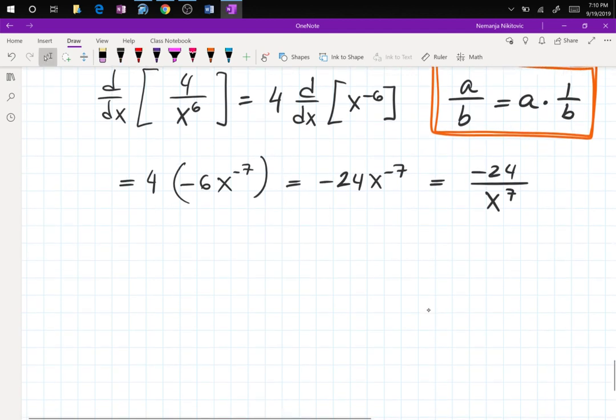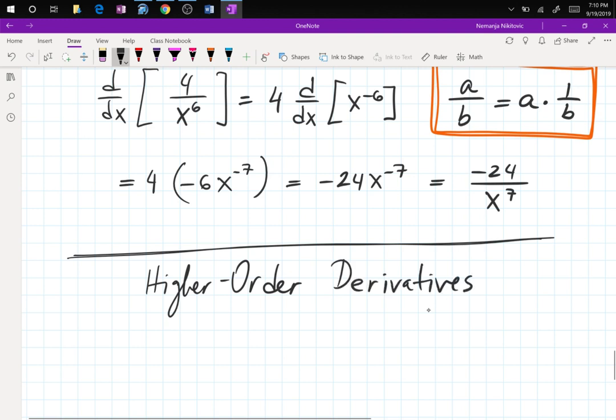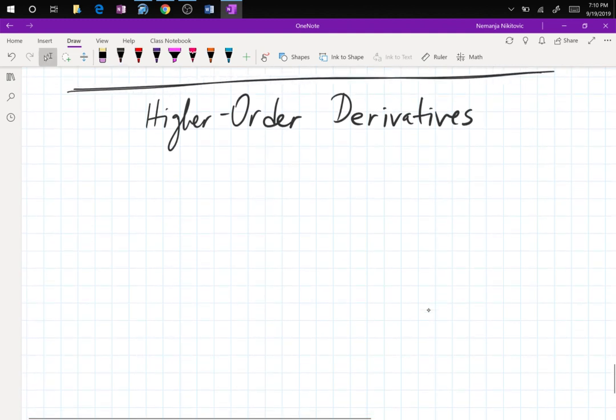The next concept in this lecture is higher order derivatives. What we learned so far is the derivative of f of x, also known as the first derivative of f of x.